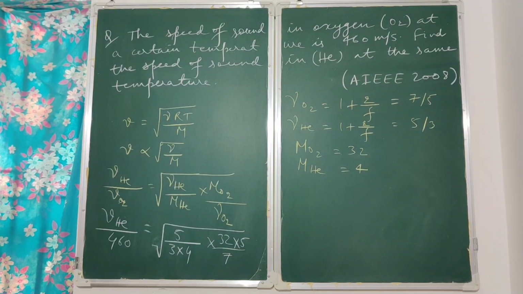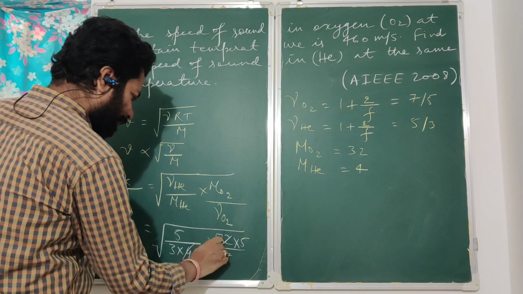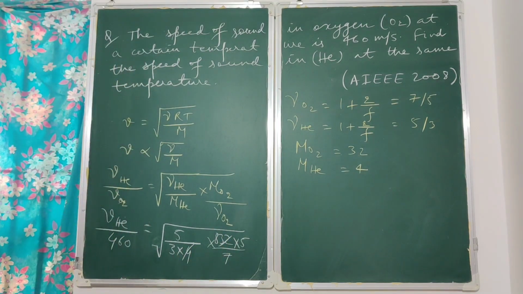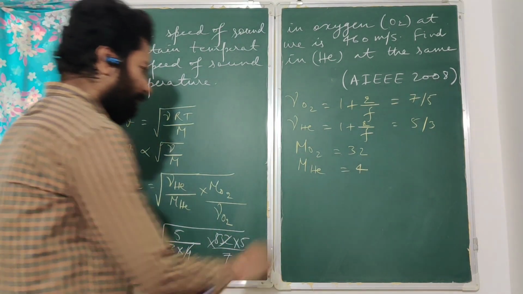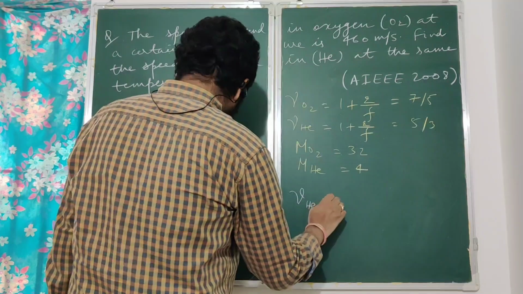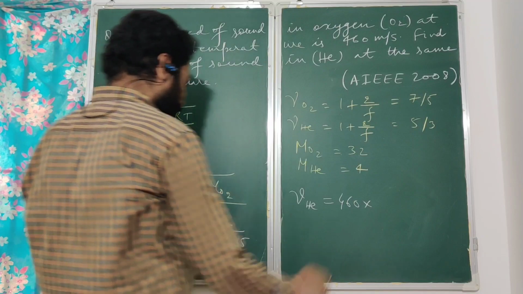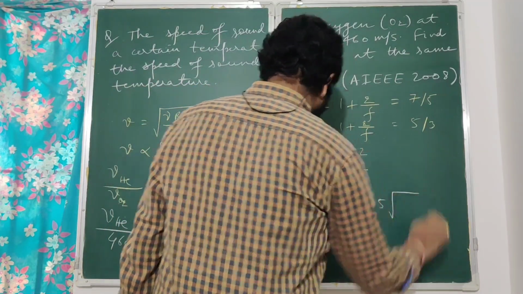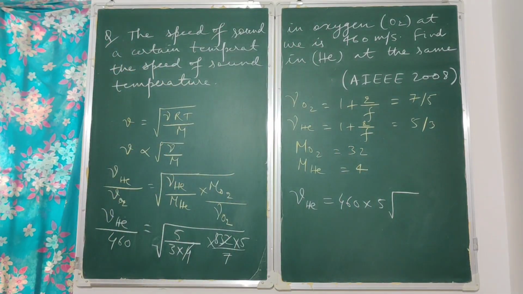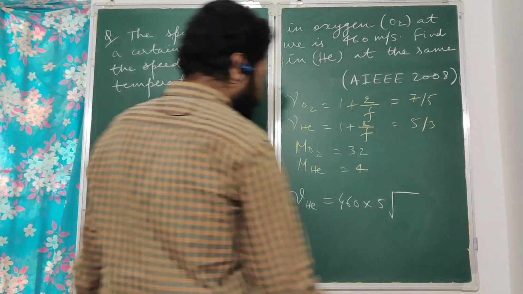So we need to solve this and get the value. This is 4 into 8, so v helium can be written as 460 into 5, we can take it outside, under root of 8 by 21.